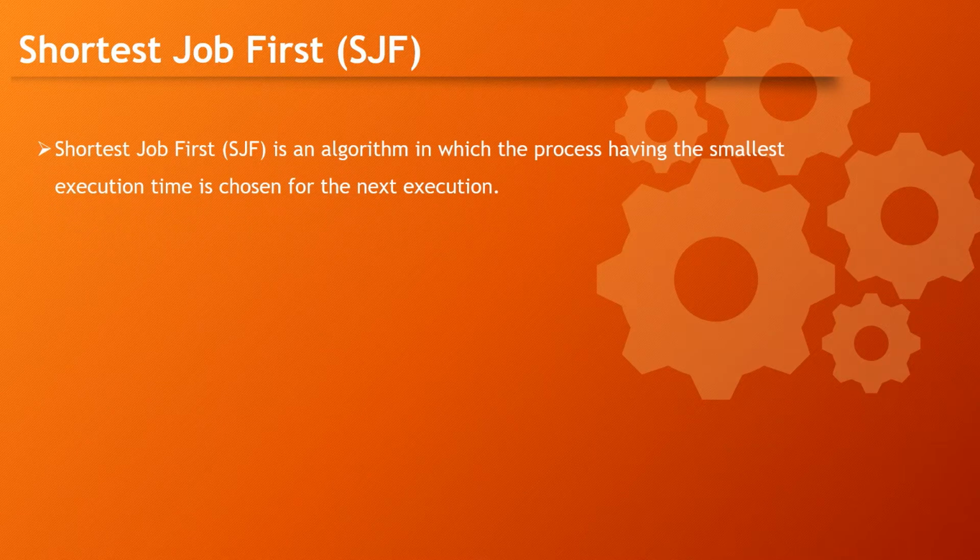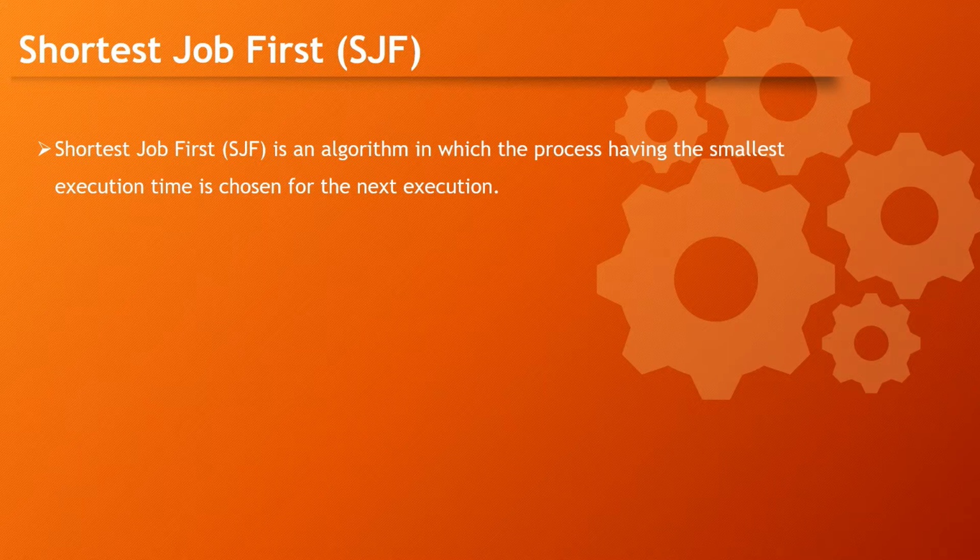Shortest job first is an algorithm in which the process having the smallest execution time, also called burst time, is chosen for the next execution.